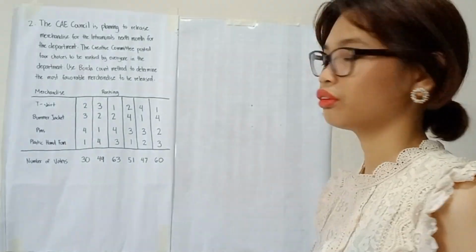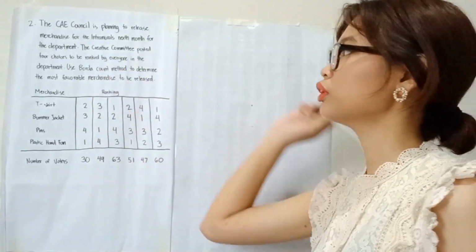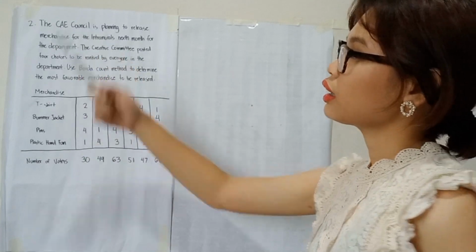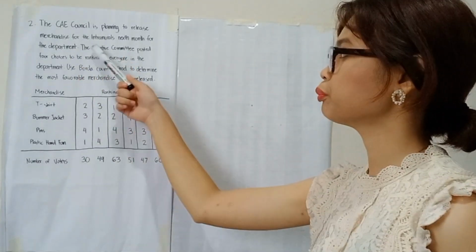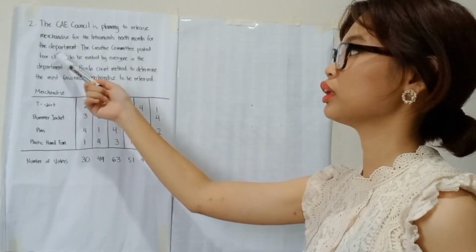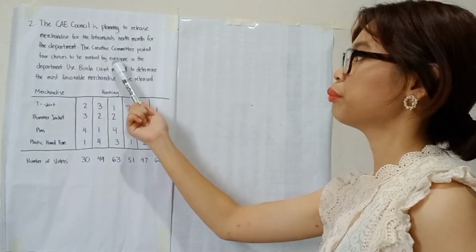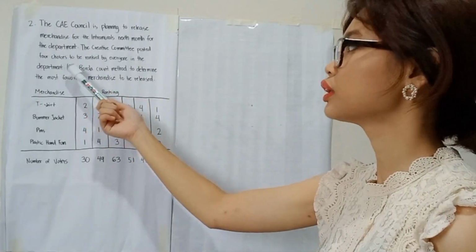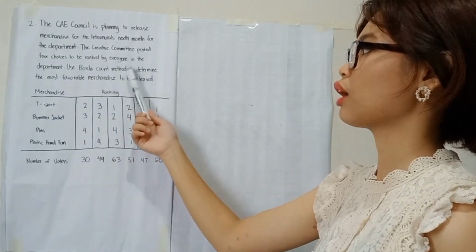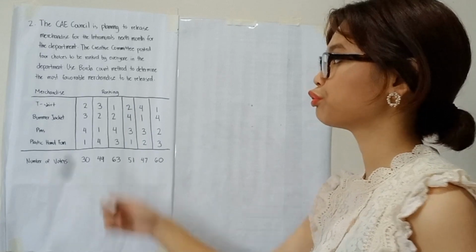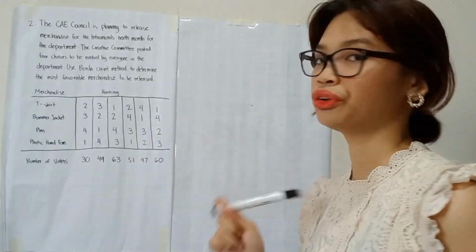So for our second example, the CAE Council is planning to release merchandises for the intramurals next month for the department. The creative committee posted 4 choices to be ranked by everyone in the department. Use Borda count method to determine the most favorable merchandise to be released.